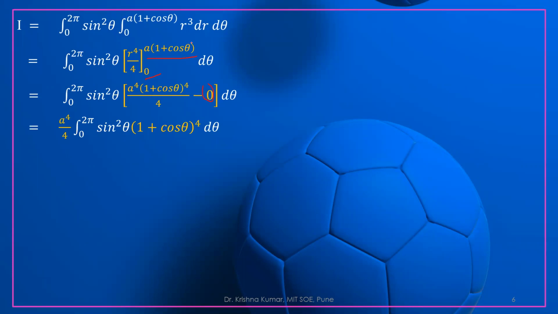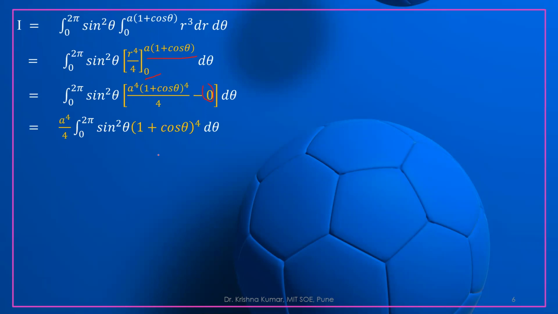The lower limit is 0, the upper limit is a times 1 plus cos theta. So a to the power 4 times 1 plus cos theta whole to the power 4 upon 4, and the lower limit is 0. So a to the power 4 upon 4, integral 0 to 2 pi, sin square theta times 1 plus cos theta whole to the power 4 d theta.